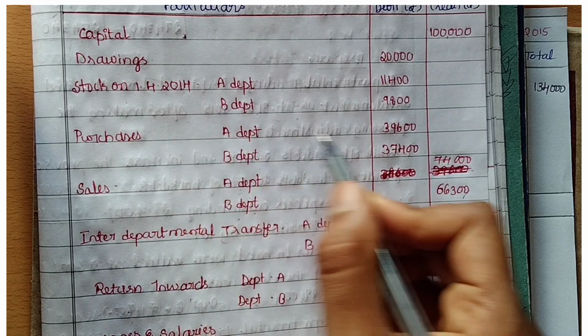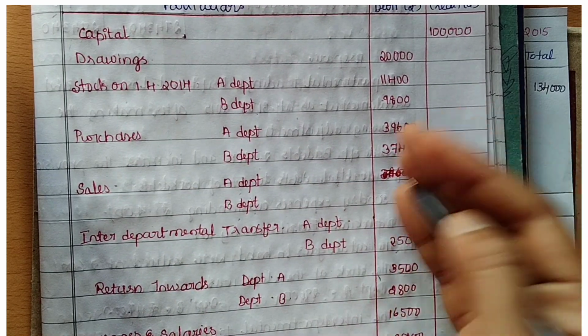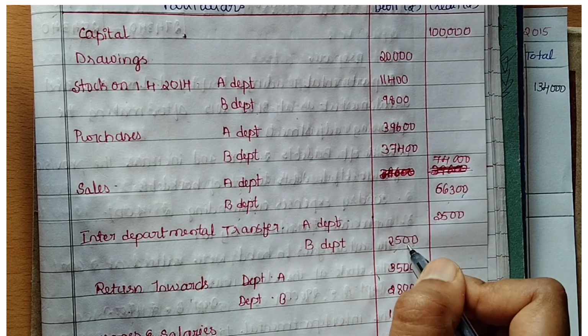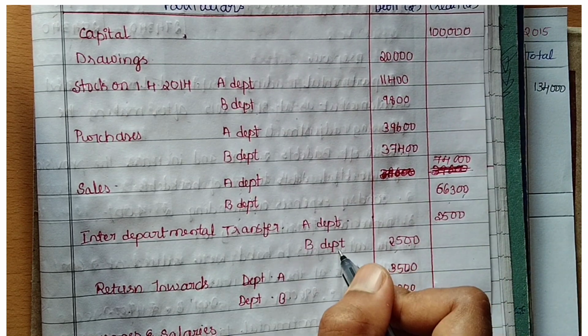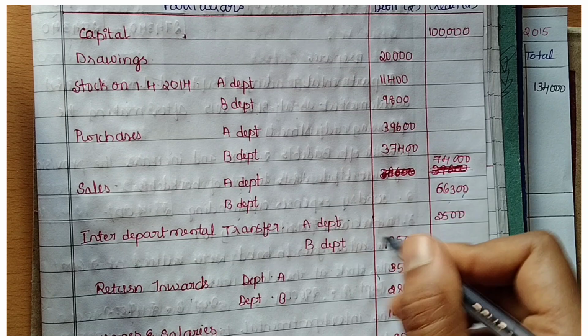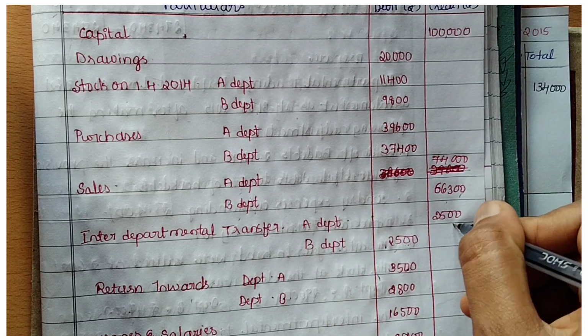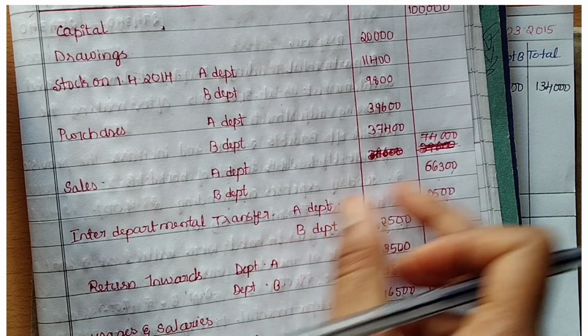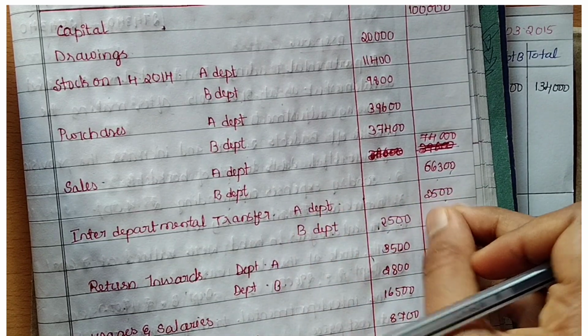See the purchase here. Purchase or anything like that comes on the debit side. So 2,500 is debited to the B column, which means they are the receivers. A department is the giver. Like that only you have to put. In the debit side, put for B department. In the credit side, you put the amount for A department.